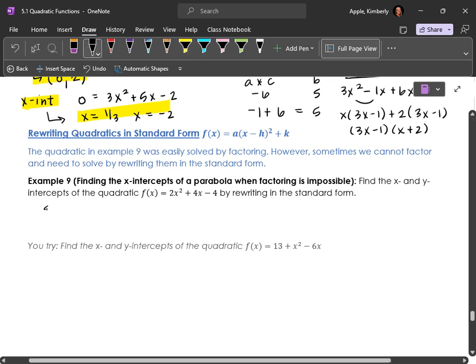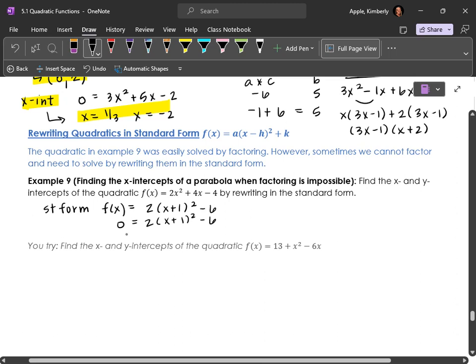And so the standard form of this function, using the normal methods, you would find that the standard form is 2(x plus 1) squared minus 6. And so from here, again, we want to set that equal to 0. And then there's a new method of solution that we currently have that we can work on.